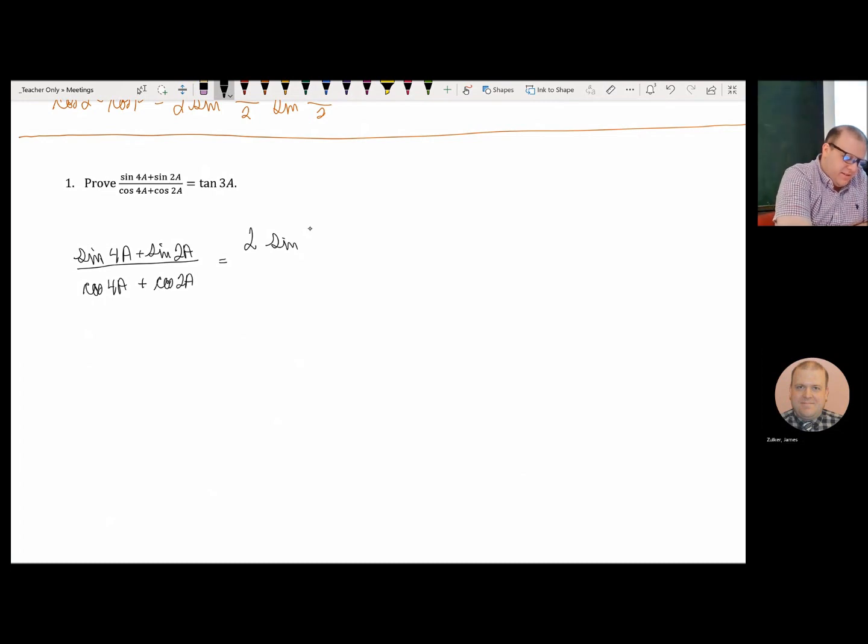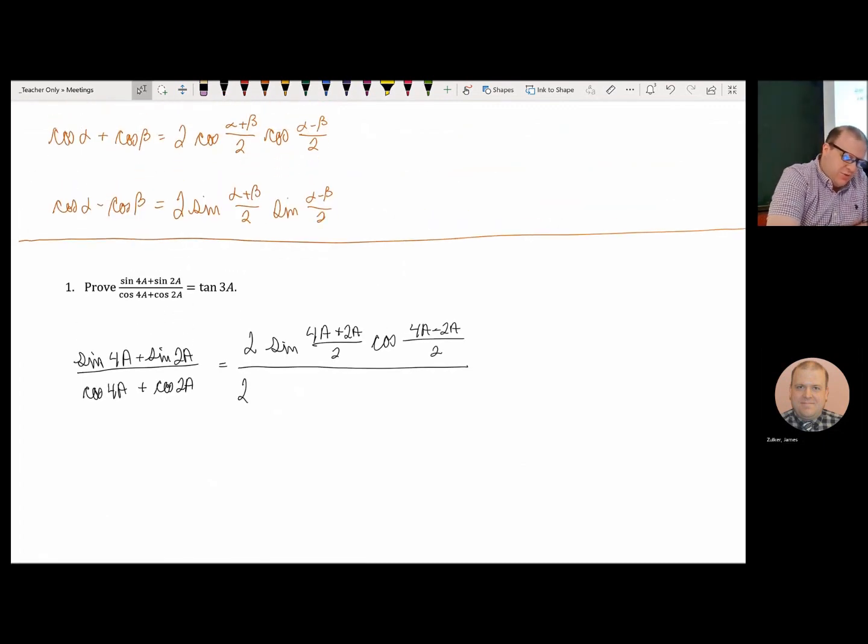Two times sine of 4a plus 2a over 2, sine of 4a minus 2a over 2, I'm sorry, it's cosine. The cosine sum to product: 2 cosine 4a plus 2a over 2 times the cosine of 4a minus 2a over 2.